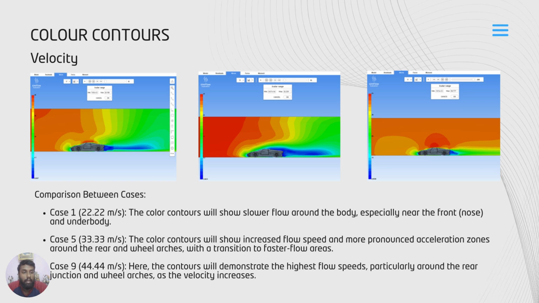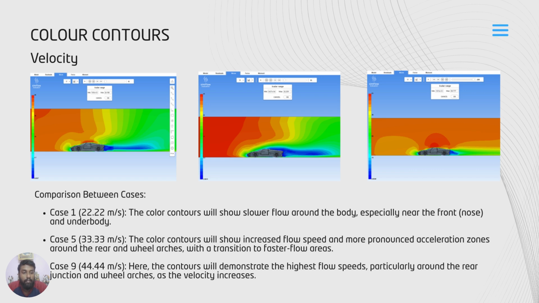Now we are looking at the color contours. For comparing the color contours, I have chosen case 1, case 5 and case 9. As we can see, there are three pictures, starting from case 1, case 5 and case 9. Case 1, 22.22 meters per second: the color contour shows slower flow around the body, especially near the front nose and underbody.